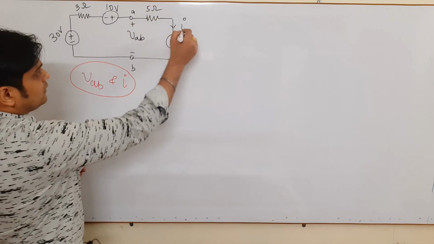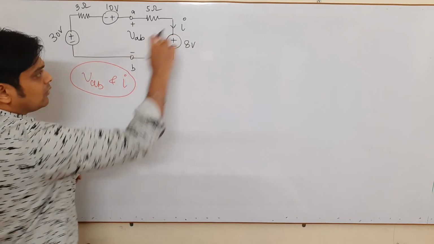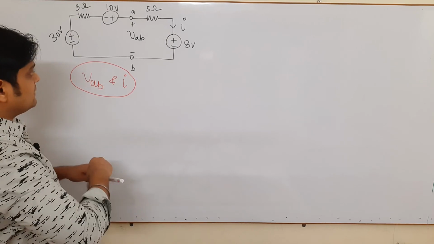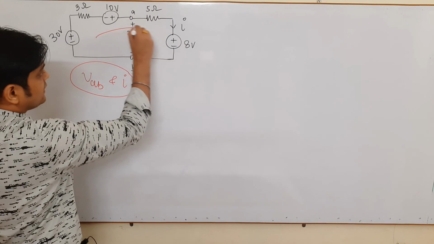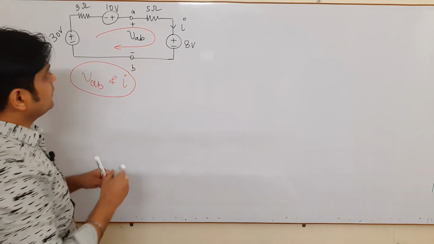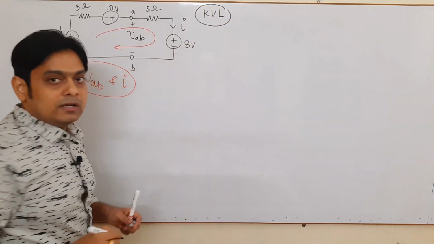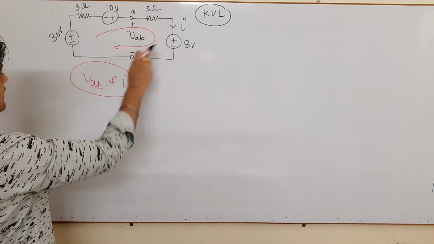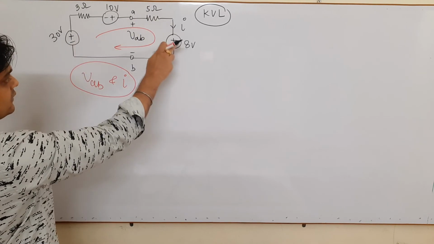See, first of all, for finding out VAB, we must know the value of I. So how will we find the value of I? I am simply applying the law of KVL here to find the value of I. When applying KVL, first see the voltage sources present here.